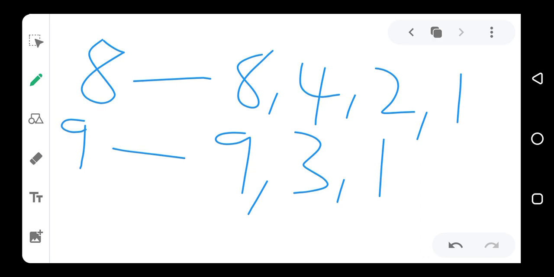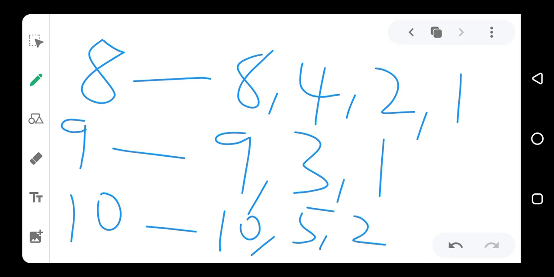Then 10 can divide itself. 5 can divide 10. 2 can divide 10, and 1 can divide 10.